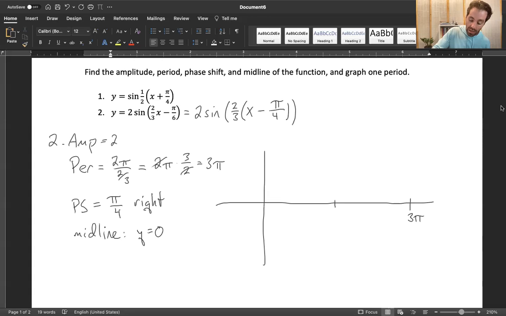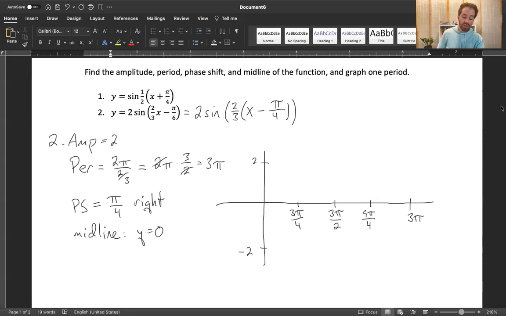And then halfway to that is 3 pi over 2. Halfway to that is 3 pi over 4. And halfway between these, that would be, let's see, 3 pi over 2 plus 3 pi over 4 is 9 pi over 4. Maximum of 2, minimum of -2.